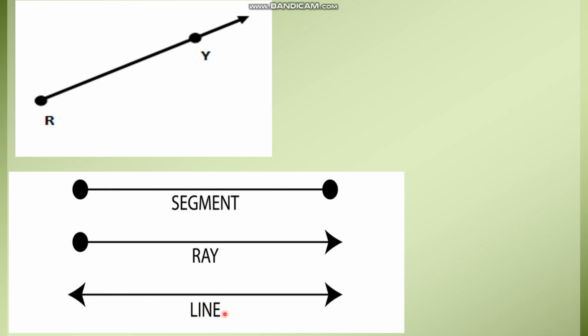So to show the line, we have to draw a line and then put two arrow marks on both sides. And to show the segment, you put two dots and join them. That is a line segment. And to show a ray, you put a dot and after that draw a line with an arrow mark on one side. Okay, children, so this is about line segment, ray and line.